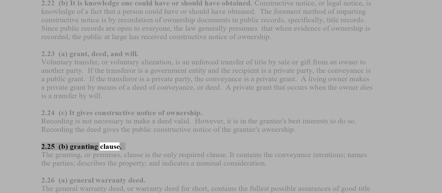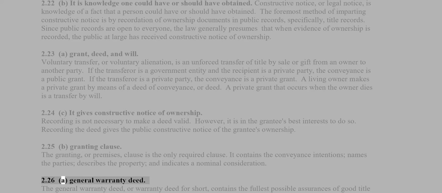Granting clause. The granting, or premises, clause is the only required clause. It contains the conveyance intentions, names the parties, describes the property, and indicates a nominal consideration.